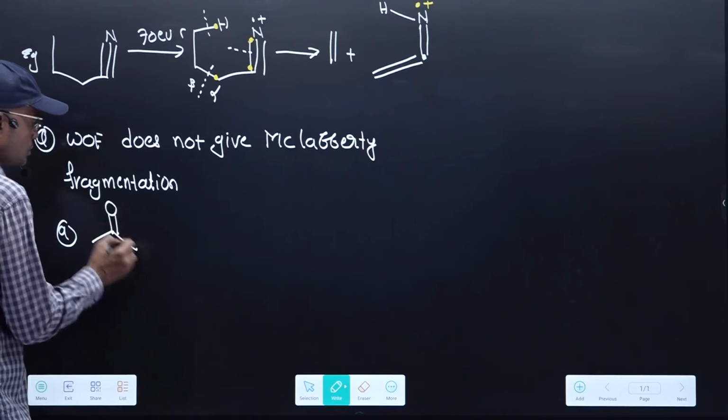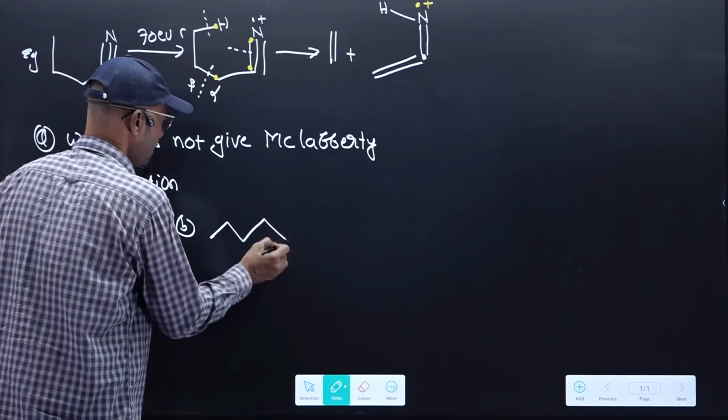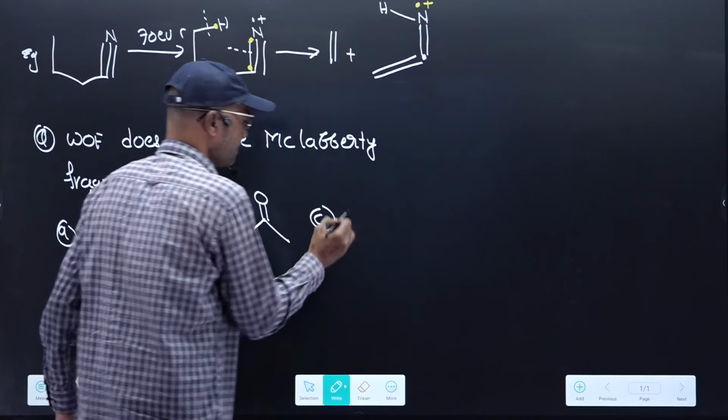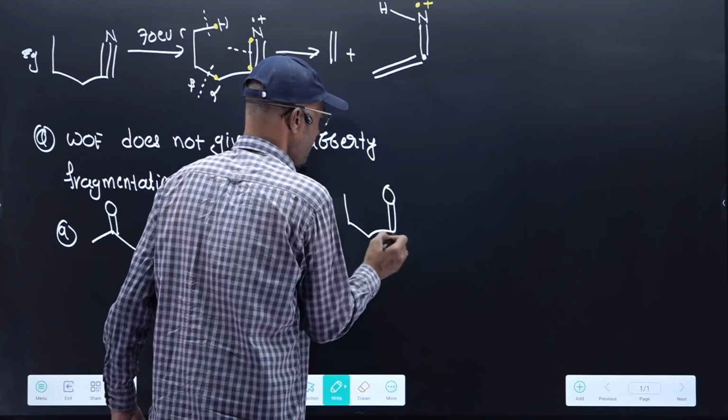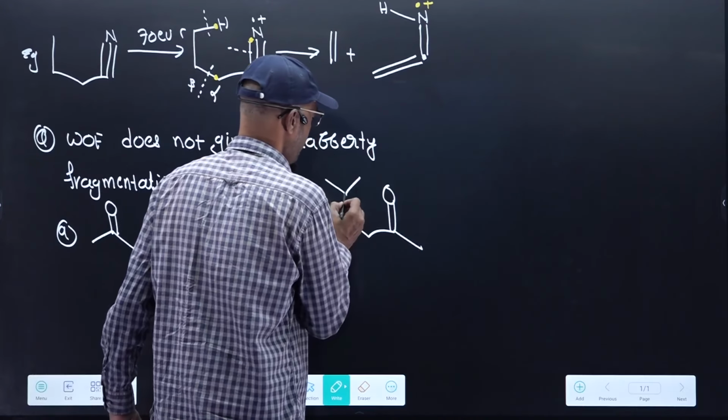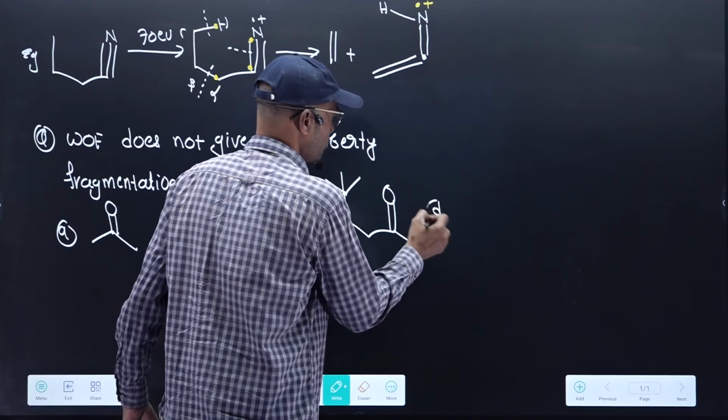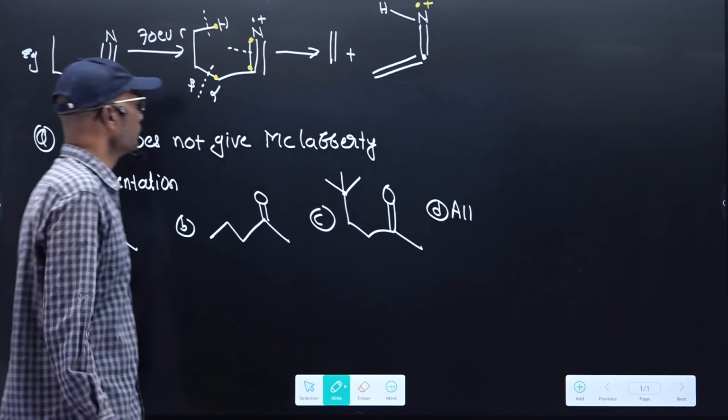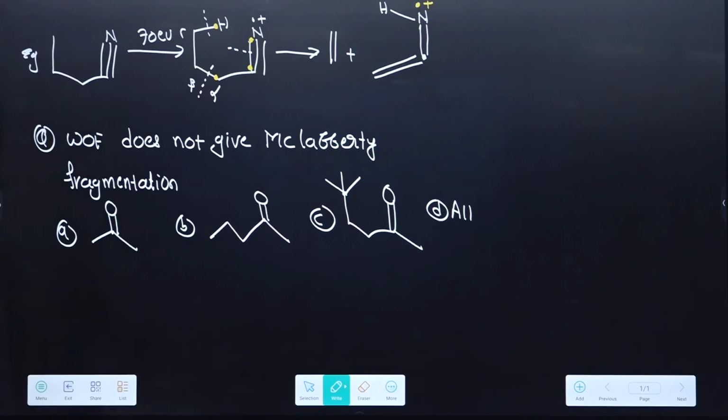Okay. So this is molecule A, B, option D, all. Which is not possible to give McLafferty rearrangement?